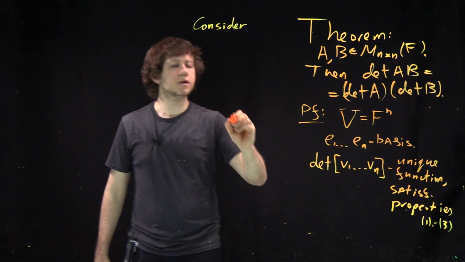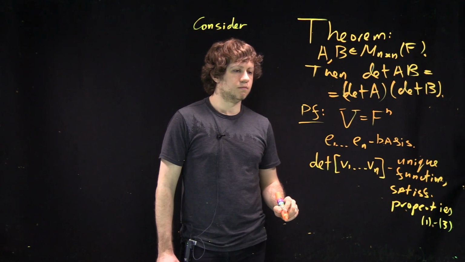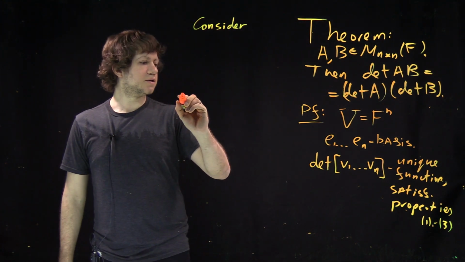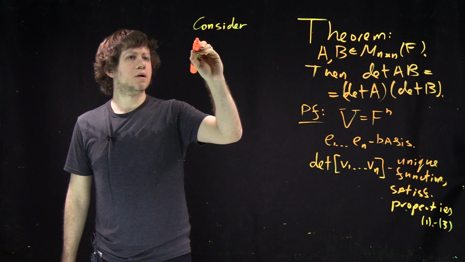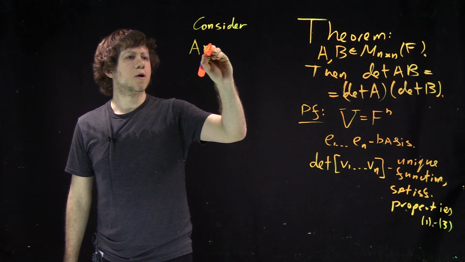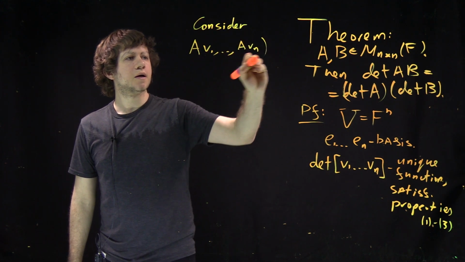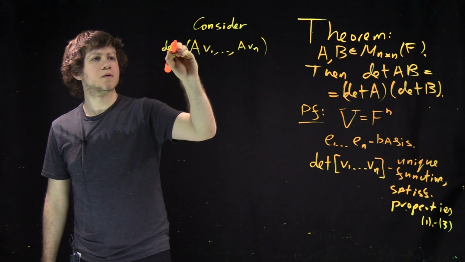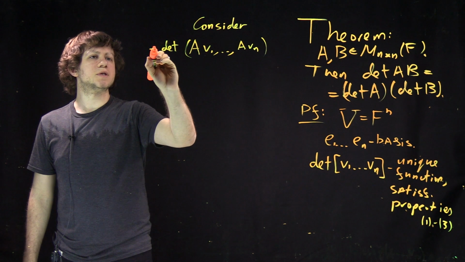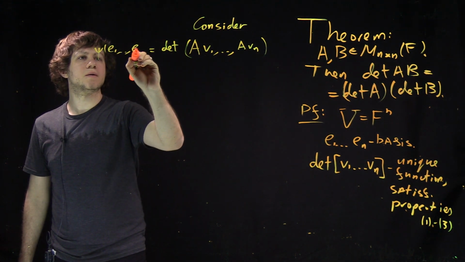Consider the following function: A times v1, up to A times vn, and then the determinant. Let's call this some function psi of e1 up to en.